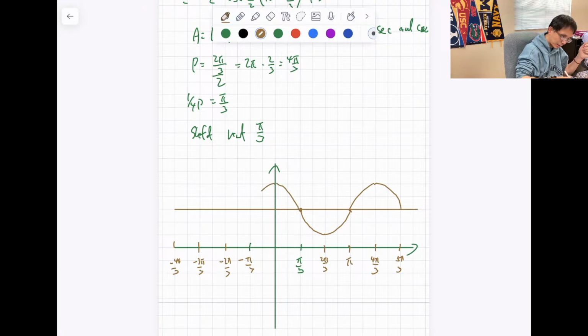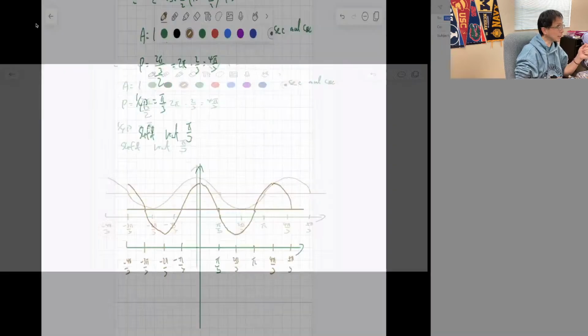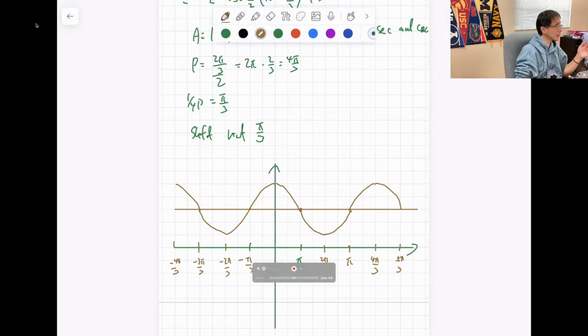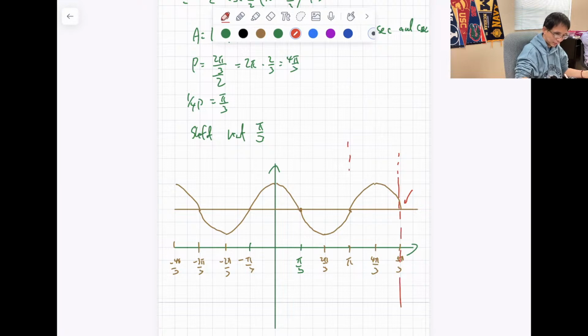Now here's the hard part: how do I create the asymptotes? The asymptote is where the curve hits the midline. So there's an asymptote here, here, here, here, and here.